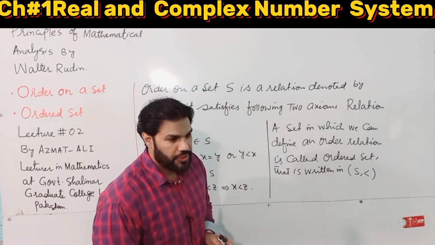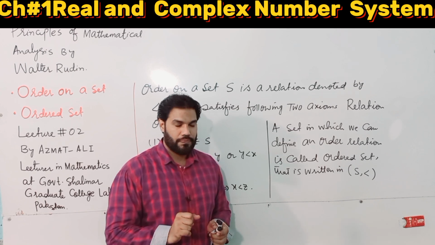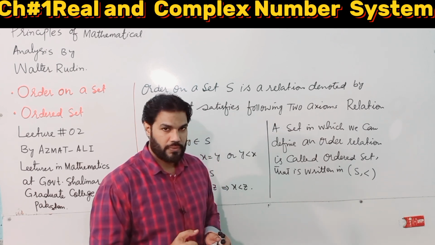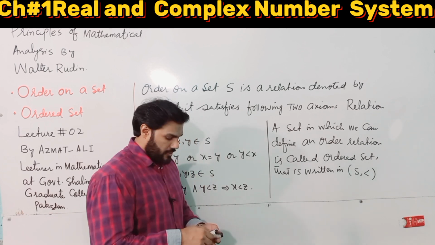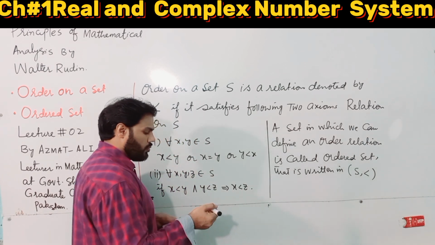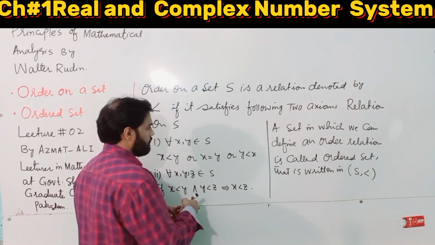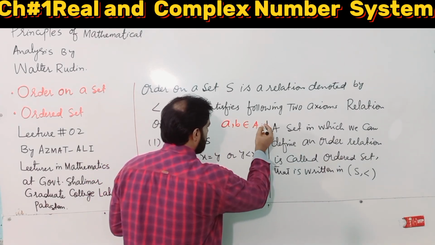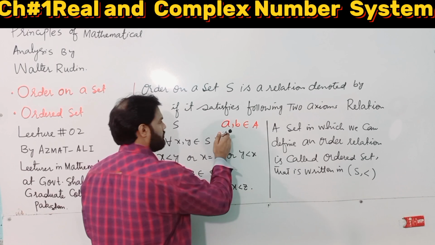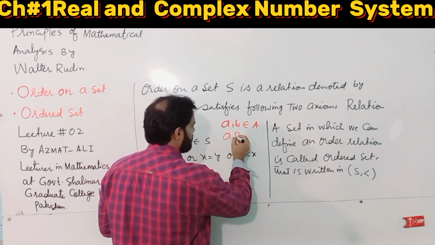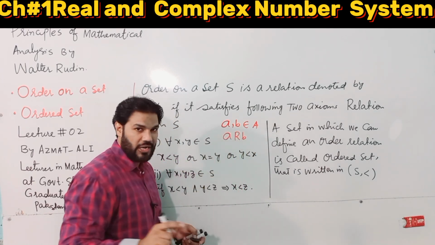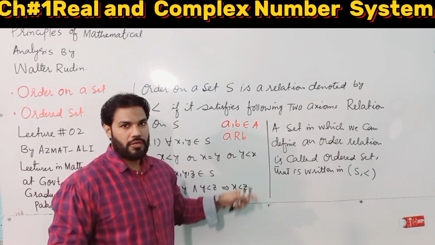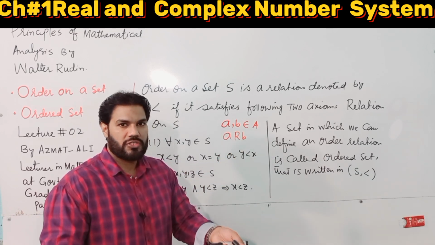For example, if you read set theory or discrete mathematics, we say that if there are two elements A and B in some set, we call A is related to B. We write this as A R B. R is the relation which can be defined with some conditions.